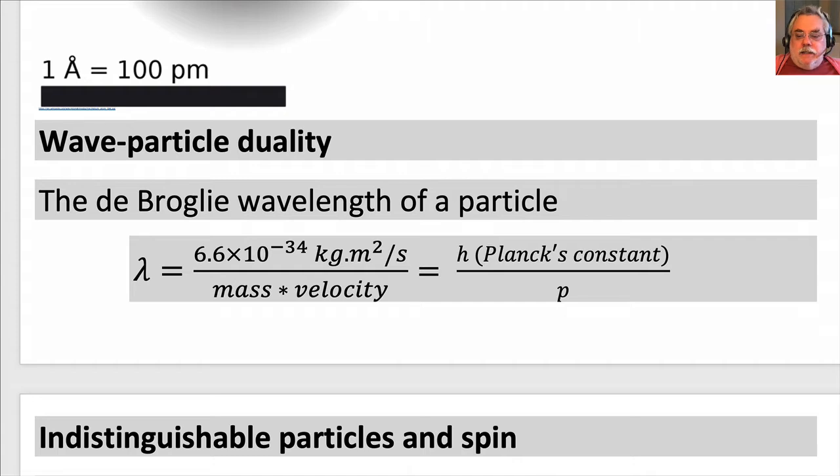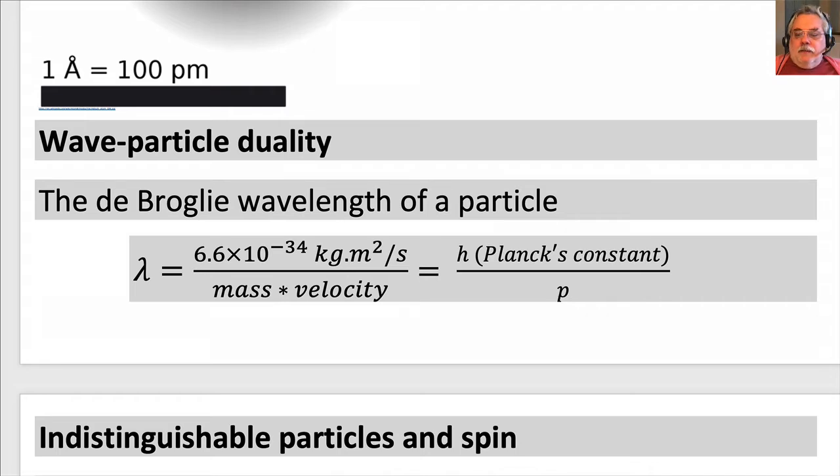Indistinguishable particles and spin. All electrons in the universe are identical. They have the same mass and electrical charge. If we bring two electrons close together, it becomes impossible to tell which is which.